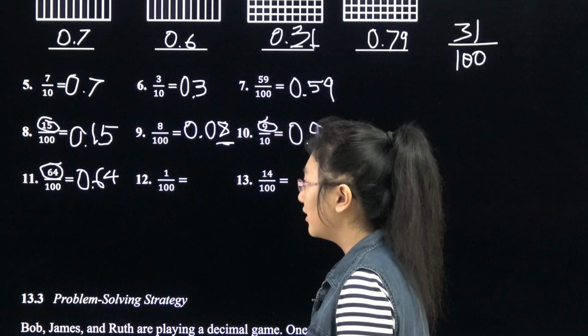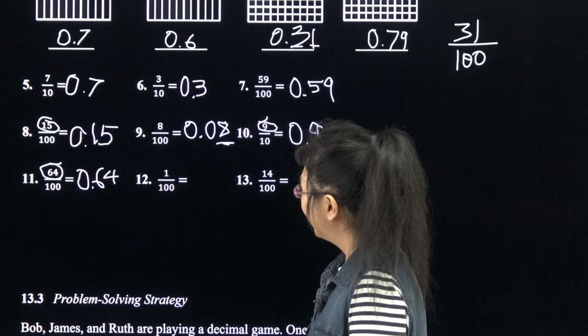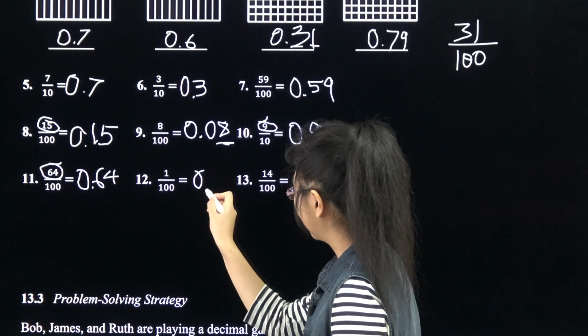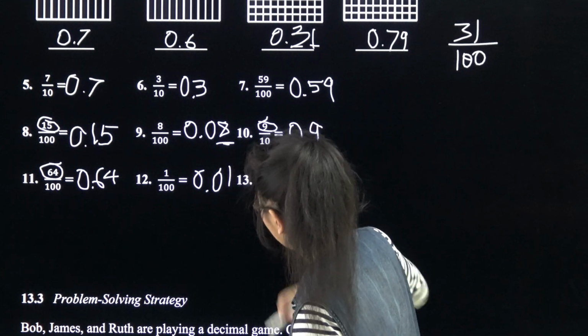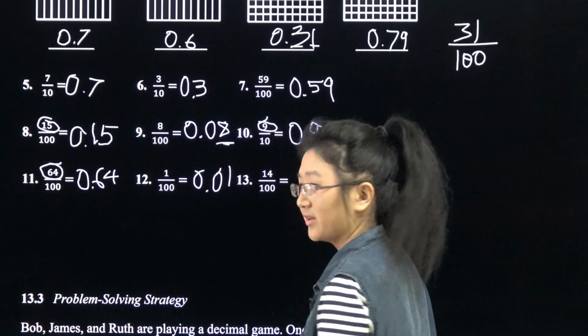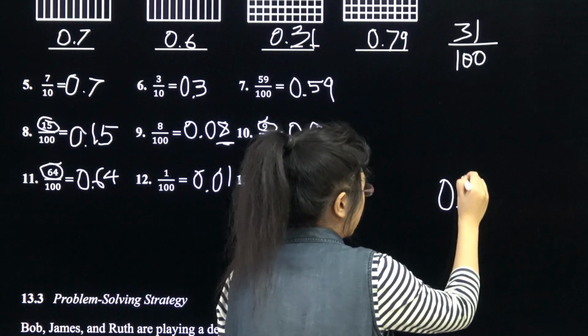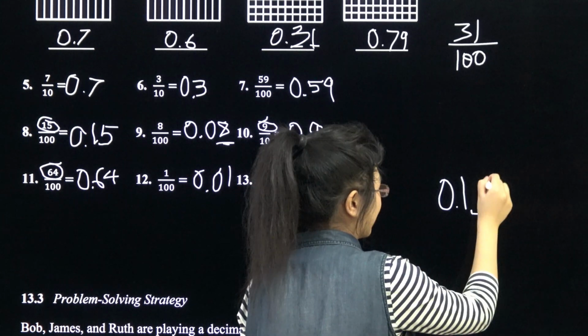Question number 12 is just like question number 9, since there's only 1 digit in the numerator, even though we're supposed to have 2 decimal places. But remember, we put 0.01, because in decimals, if you take out a number after, then that means that the number is 0.